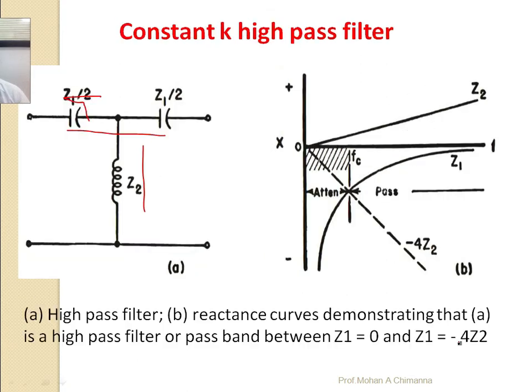So here what happens, see, up to the cutoff frequency fc, the signal will be attenuated altogether. Once the current flows through the circuit and goes on increasing, the impedance across the inductor also goes on increasing with respect to the frequency.